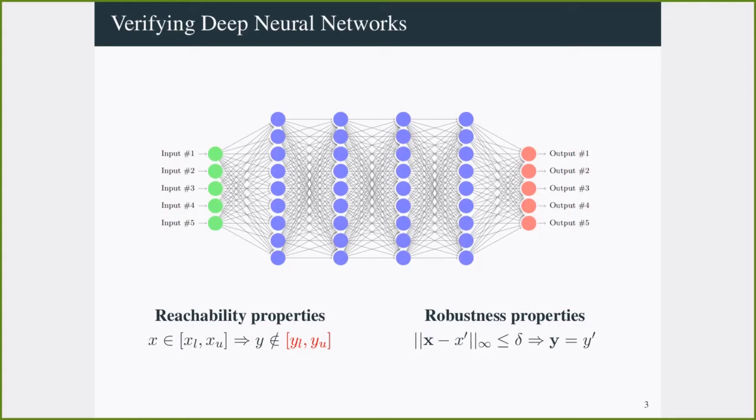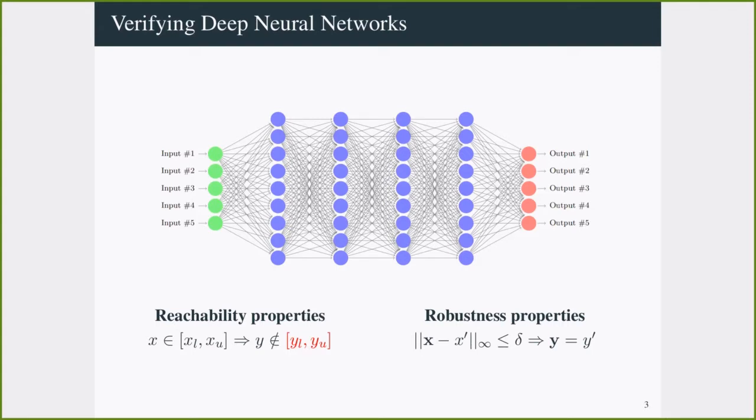2 types of properties are of interest. A reachability property can be seen on the left, and it says that for any input in a given range, the output will not be in an unsafe range. Reachability properties often stem from a specification of a network. On the other hand, when a specification is lacking, we are interested in exploring robustness properties.